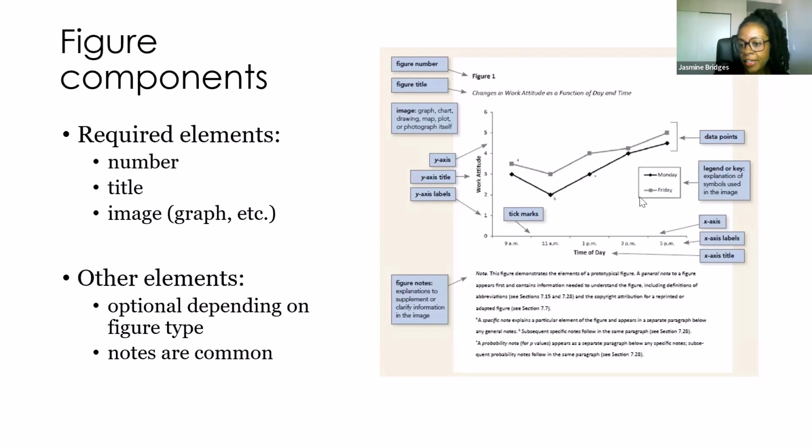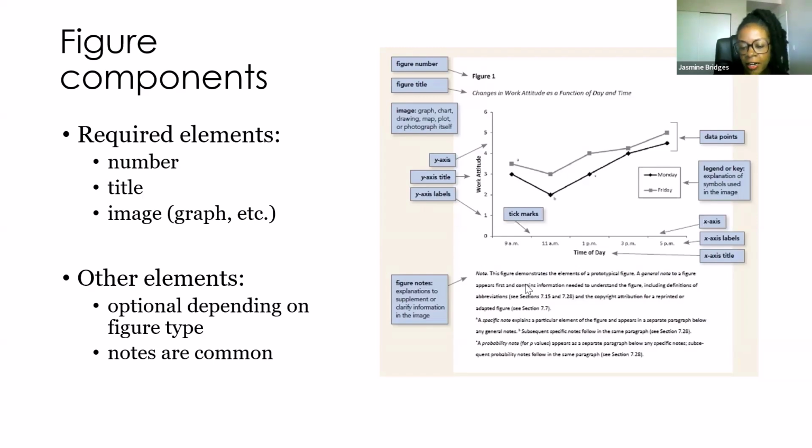We also have a key here, on my right-hand side, and that tells you that this darker color and this lighter color represent different things. Whatever symbols you have in your graph or chart are going to be in this key. And you'll notice also that this key is contained within the borders of the graph. So that's another thing to think about.